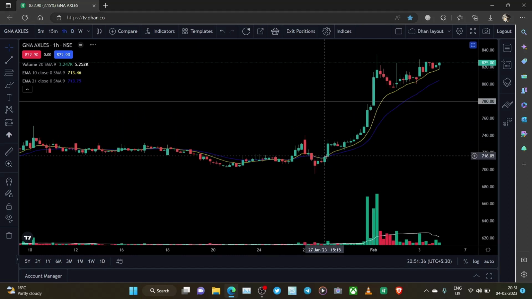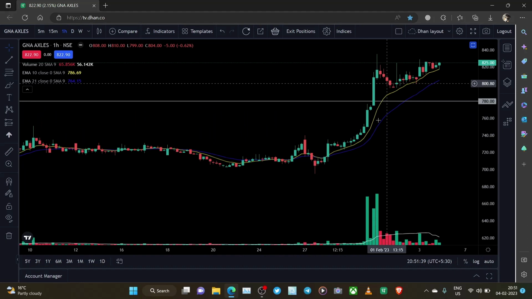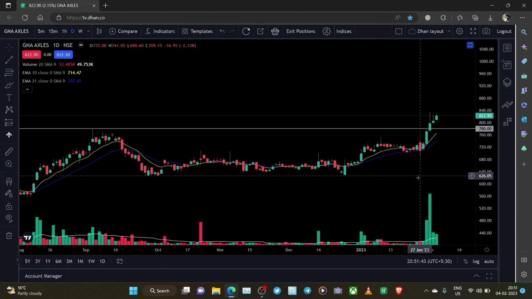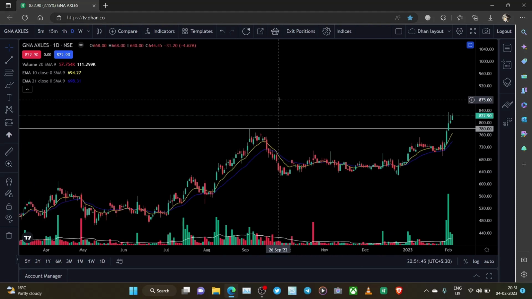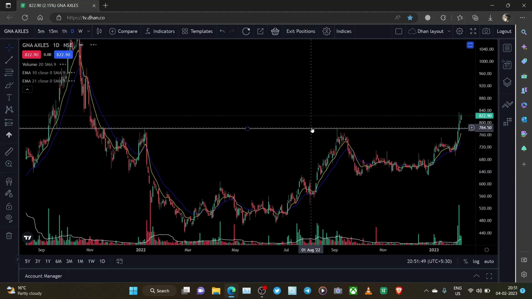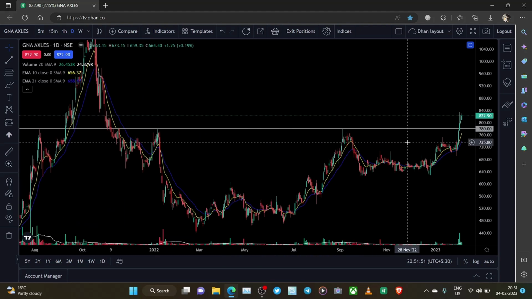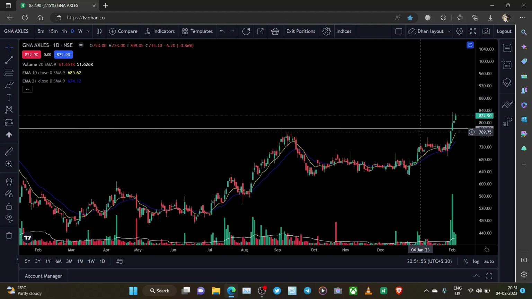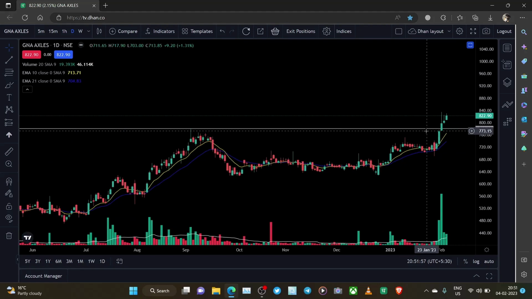Anyone planning an entry here would not have got it. It has gone straight up. The first target was my 780 level, but then I saw that this price was a very good close, so one can also add for the next day.